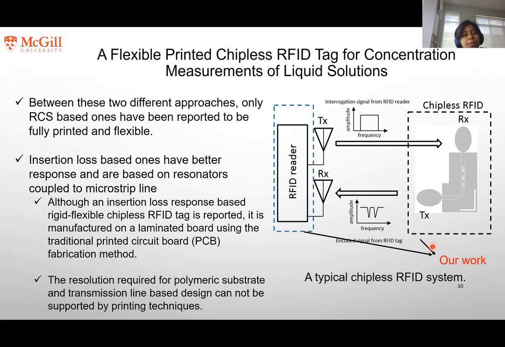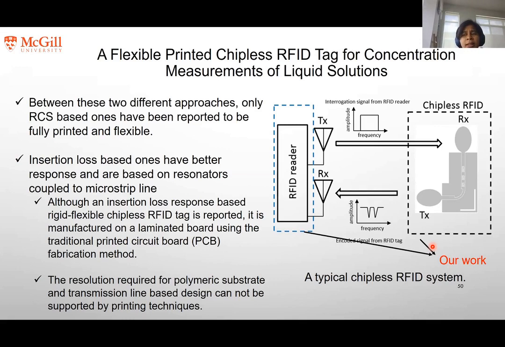In the insertion loss based approach, the most common design has multi-resonators coupled to a microstrip line. This is the conventional design, and normally the insertion loss based design gives better performance than the RCS based design. So people like to go for the insertion loss based design.